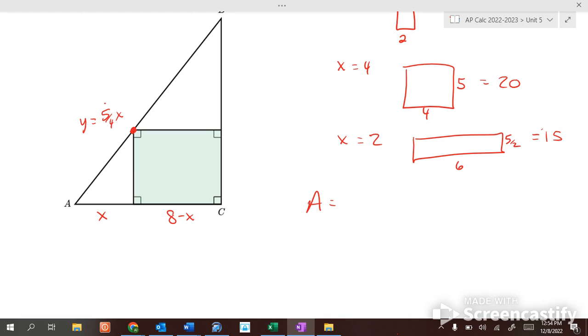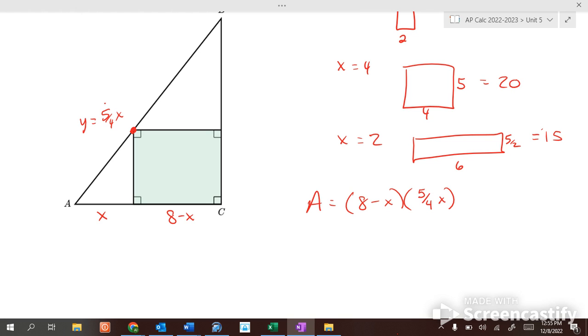Well, what's the base? Come on, calculus people. What is the base of that green rectangle? 8 minus x. What's the height? 5/4 x. Because it depends where you are on the x-axis, because your slope is 5/4.